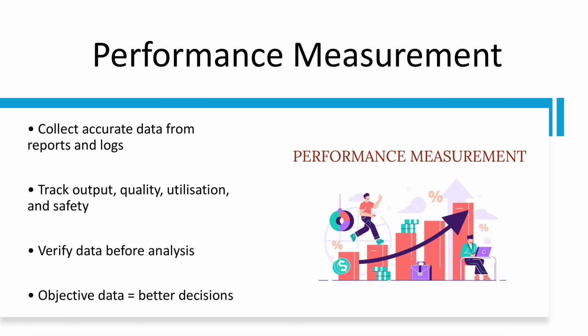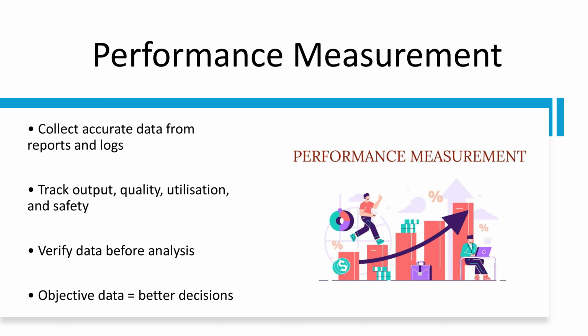Gathering reliable data. Accurate performance measurement depends on reliable data. As a supervisor, I collect data from multiple sources, such as daily production logs, quality inspection sheets, maintenance and downtime reports, and attendance and shift records.